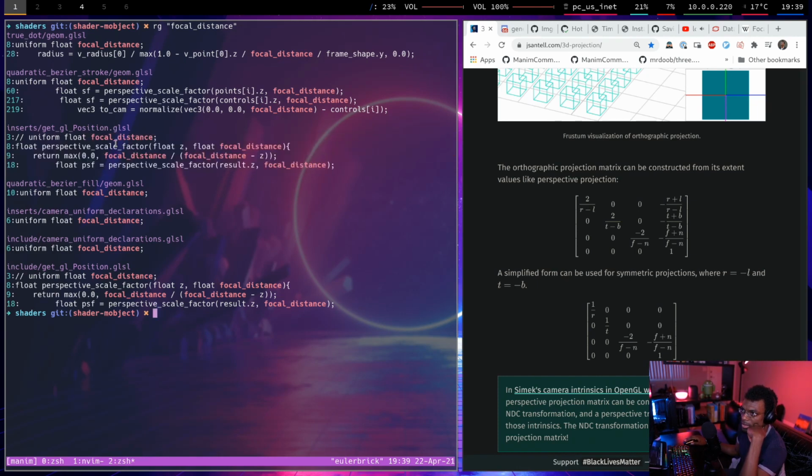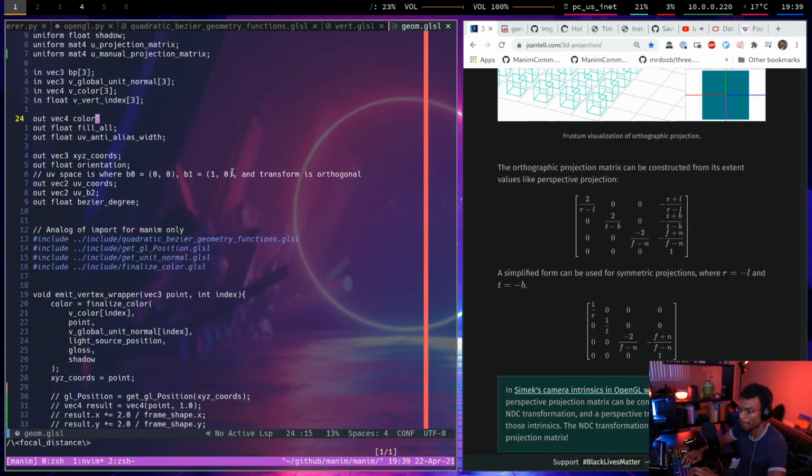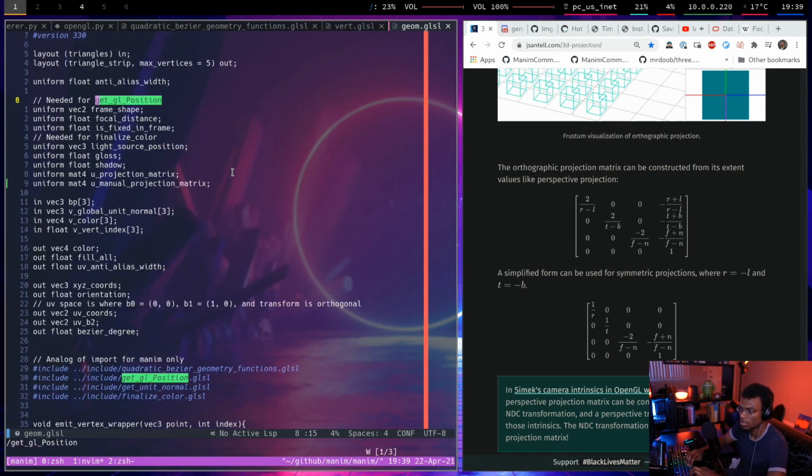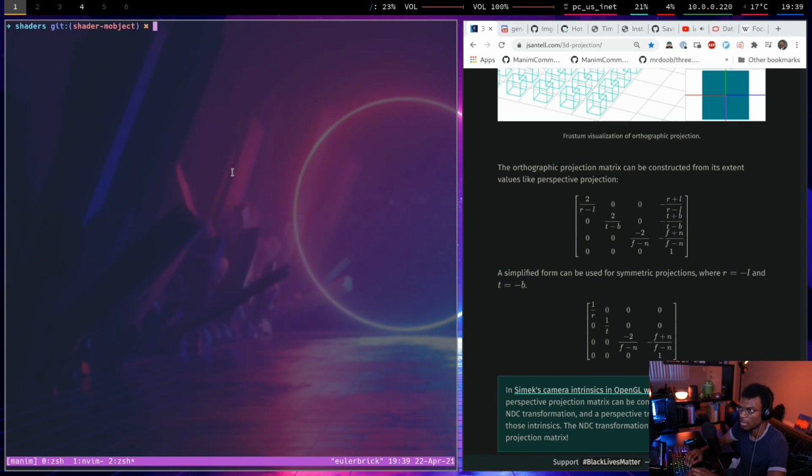So that still actually doesn't tell me why this is still being zoomed, because get GL position isn't being called here, that I can tell. Unless it's called within an insert.